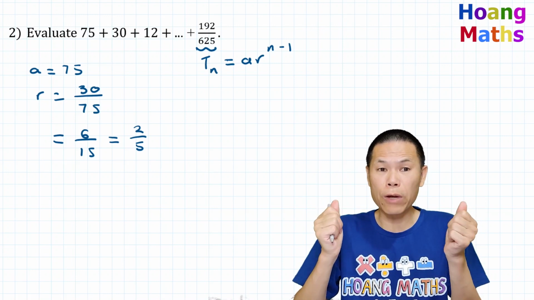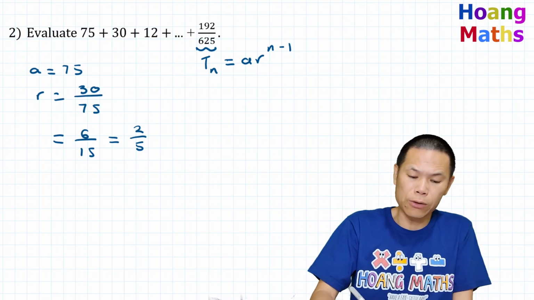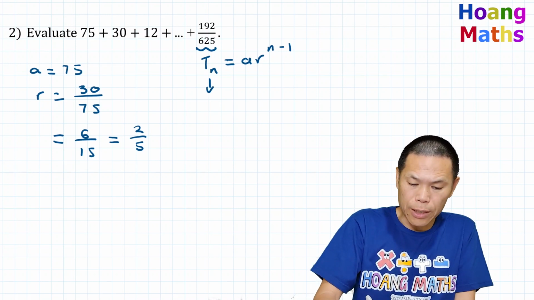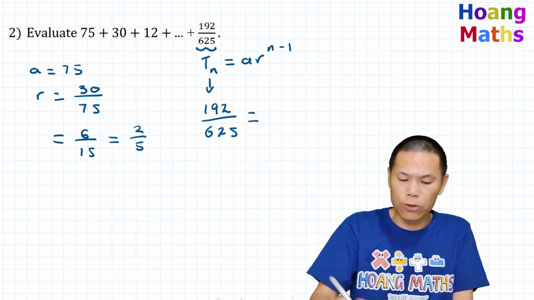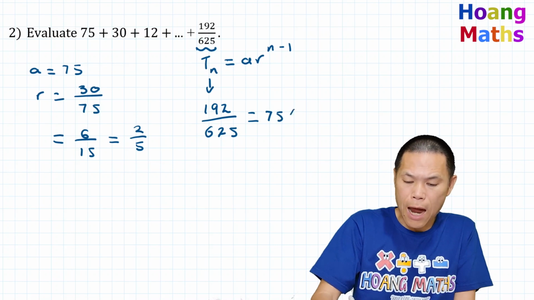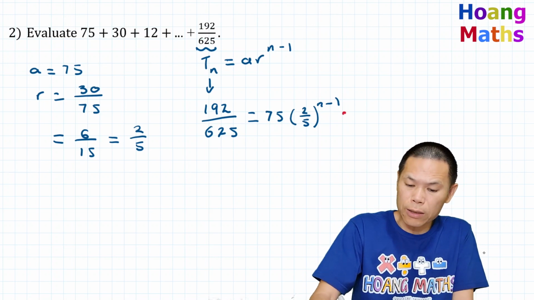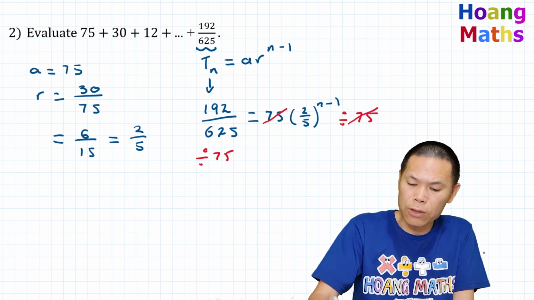So we have the common ratio and the first term. We work out the value of n by using this formula here, so we just substitute that in. Tn is 192 over 625, which is equal to a, the first term, 75, times r, which is 2/5, to the power of n minus 1. Now I divide by 75 on the left hand side and the right hand side, so that cancels out.